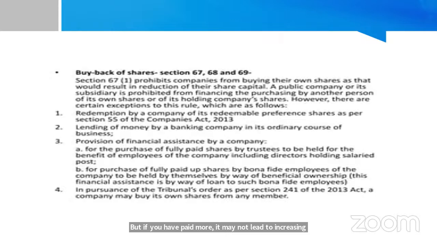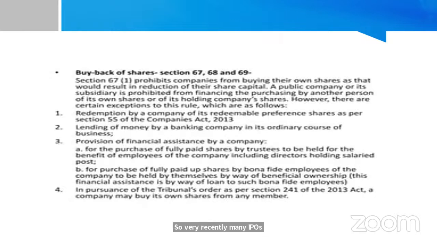Another one is shares that are issued at a premium or discount. Premium means more, discount means less. Companies that are doing very well usually issue the shares at a premium. If you look at the IPOs of different companies, very recently many IPOs had come out.